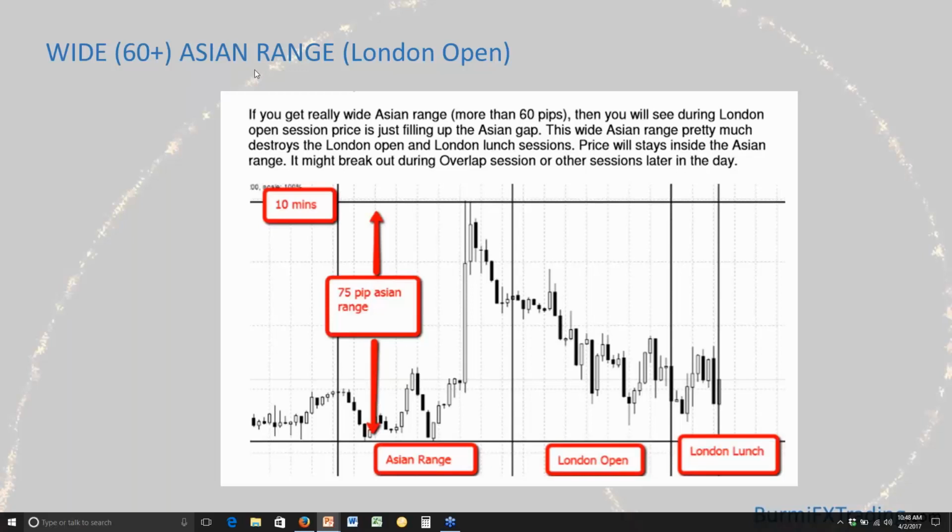Wide Asian range, this one I like, very high probability trade here. We have a pretty big open spike during Asian session, and for whatever reason, we don't know, on this one actually it looks like there was a major market moving news that came out.